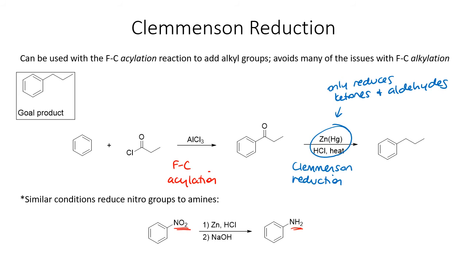So if you had a molecule with a nitro group on this benzene ring and you treated it with the Clemmensen reduction conditions, it's likely that this nitro group will be converted to an amine. So just a couple of things to watch out for when you are using the Clemmensen reduction condition.